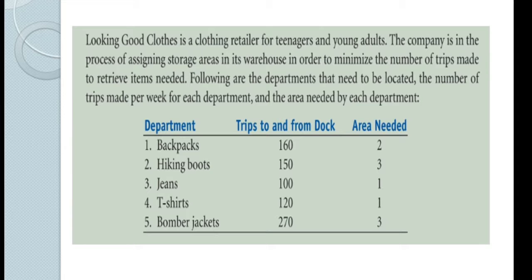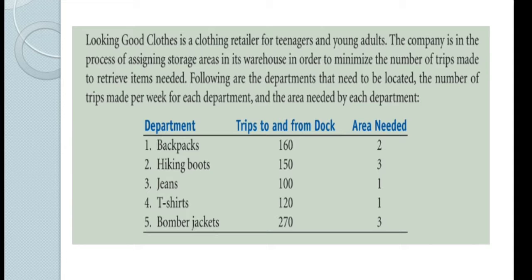So, ito po yung table natin. Number 1 is backpacks, which have 160 trips from the dock and 2 areas needed. Number 2 is hiking boots, which have 150 trips to and from the dock and 3 areas needed.